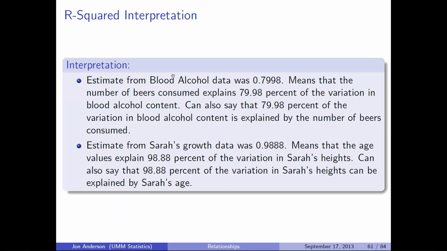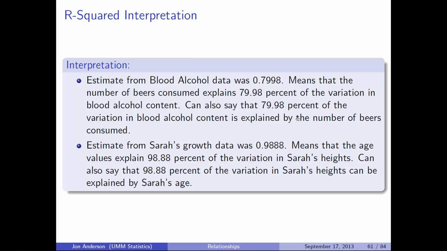From our example so far, R squared from the blood alcohol problem was 0.7998, and the interpretation is that the number of beers consumed explains 79.98% of the variation in blood alcohol content.